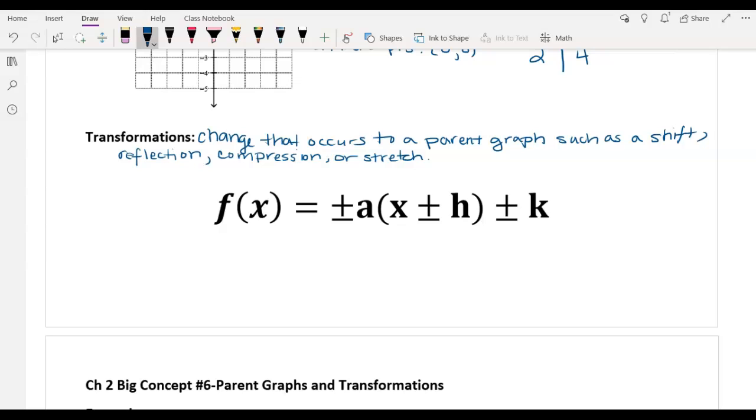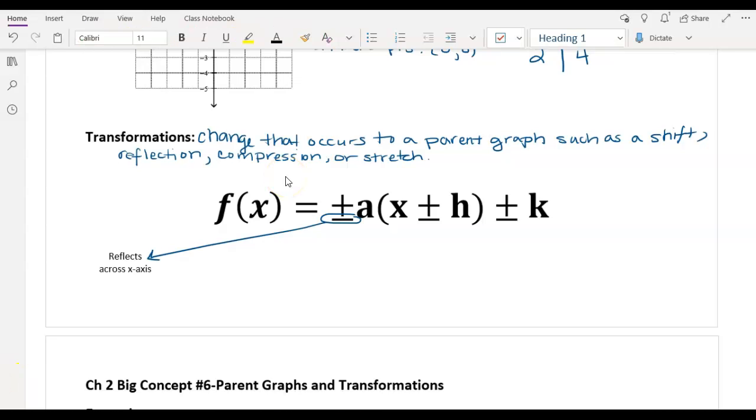We have a, h, and k. So a is that leading coefficient, that number out in front. So if it is negative, that means your graph is reflected across the x-axis.